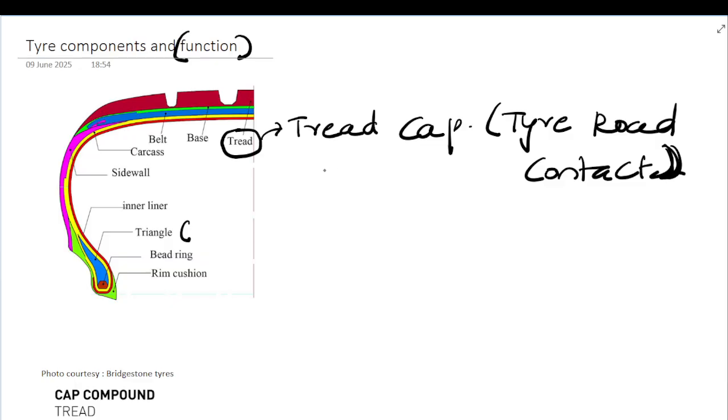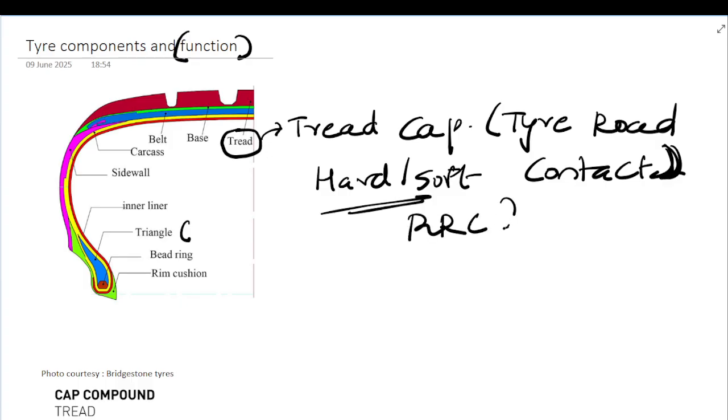Mostly, as I said, it will be a hard compound or a soft compound, and it all depends on what rolling resistance we want, like fuel efficiency, which we will speak about in the homologation topic.